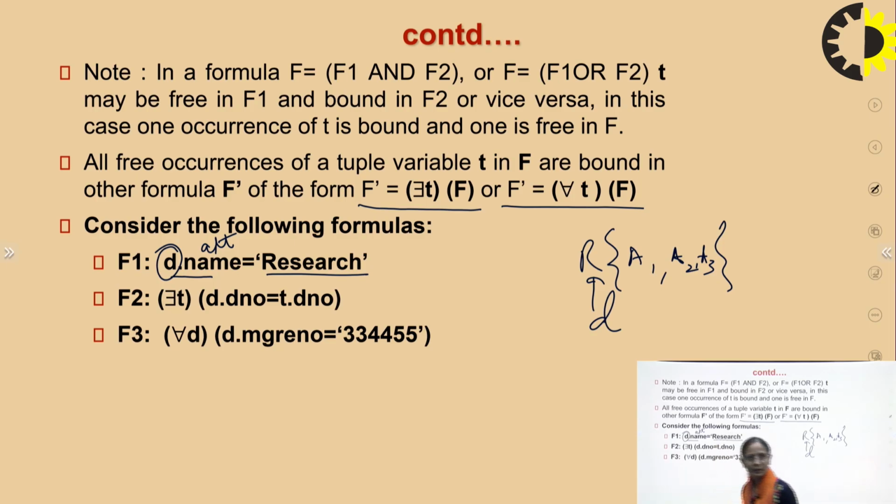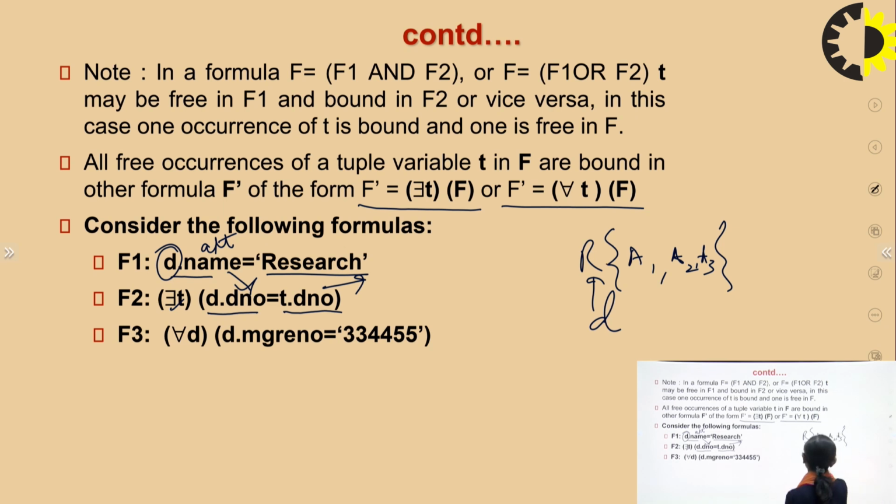In the formula F1 it says D dot name is equal to research. In the second formula, we say there exists a tuple T such that D dot D number is equal to T dot D number. Now look, we are comparing two attributes, but these correspond to two different tuple variables, which may come from different ranges, so they correspond to different relations.